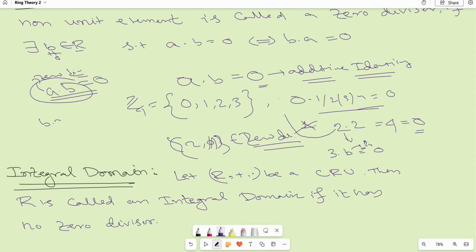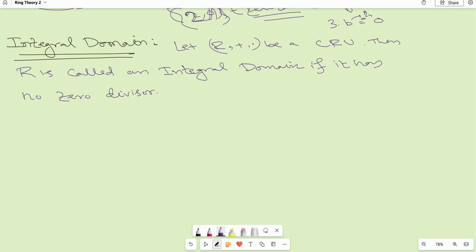For B this is A, and for A this is B. So both are zero divisors. Those elements should be non-zero, so the zero divisor is only 2 here for Z4. So anyways, a commutative ring with unity is called an integral domain if it has no zero divisor. Okay.